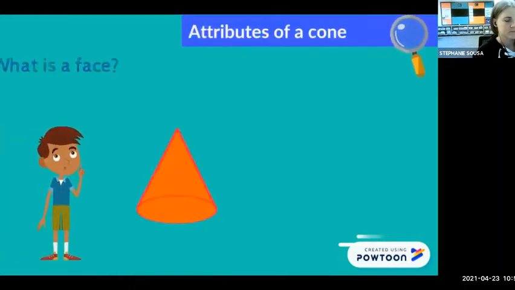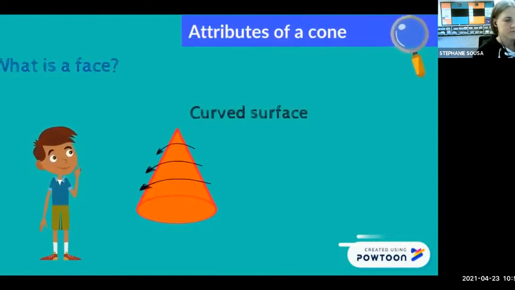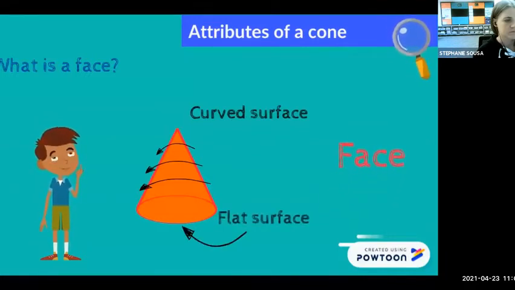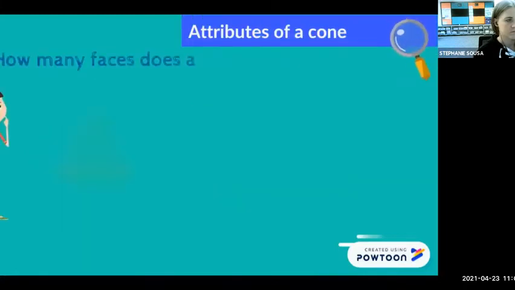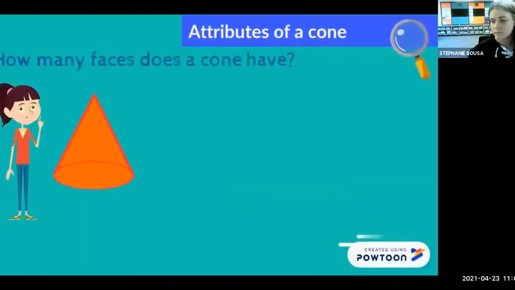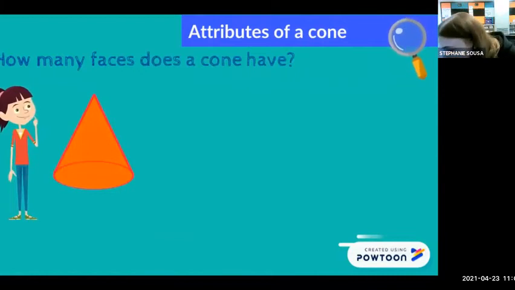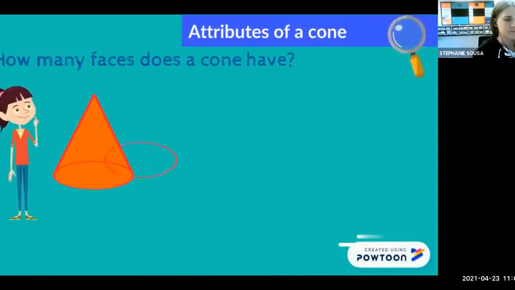We just called the curved surface the curved surface, but we call the flat surface the face. Now, can you answer the question of how many faces does the cone have? Try it. Correct. One face only.